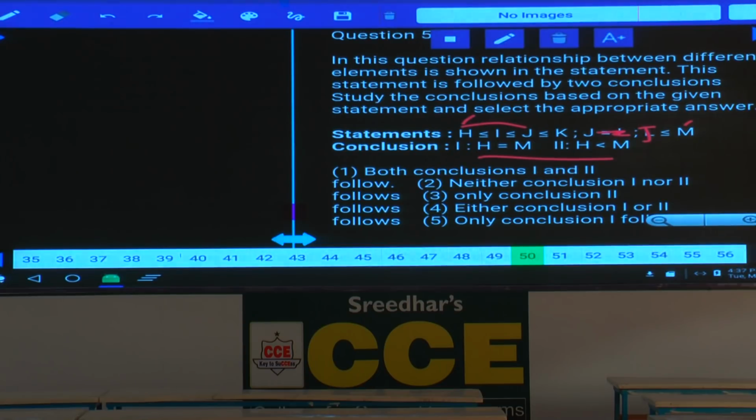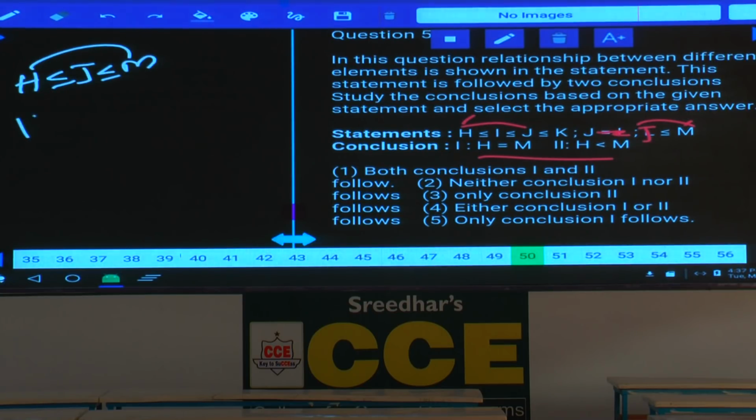Lesser than or equals. Now again between J and M, lesser than or equals. Hence what is the final conclusion? H lesser than or equals to J, lesser than or equals to M. That means H is either lesser than or equals to M. Either lesser or equal, that means either 1 or 2. Either conclusion 1 or 2 follows, that is choice 4. Question number 50, choice 4 is the answer.